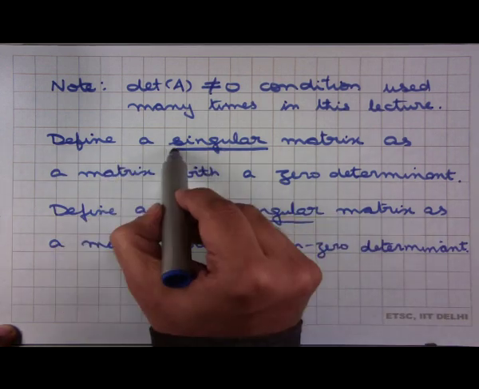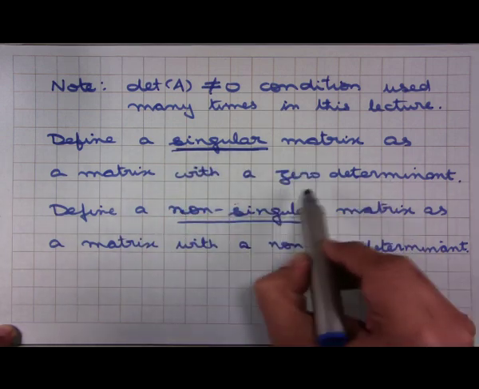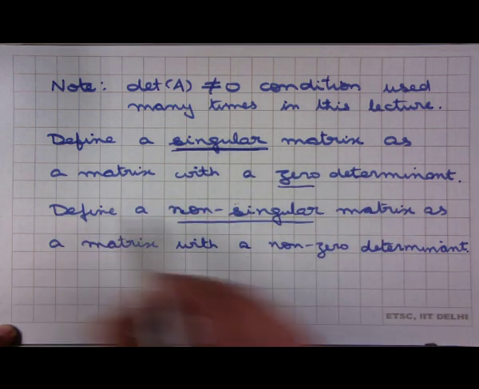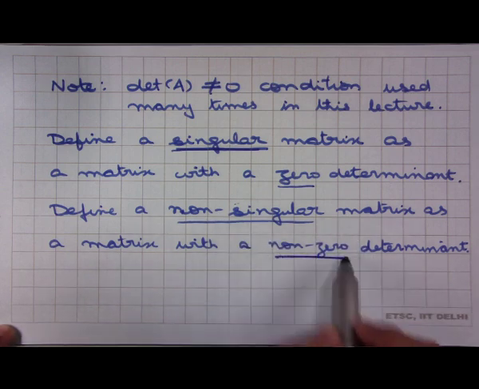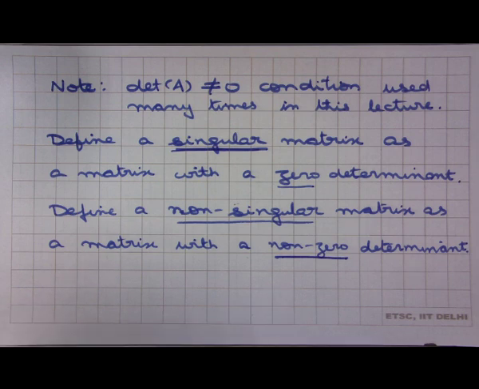So, a singular matrix will be one with a 0 determinant, and a non-singular matrix will be one with a non-zero determinant. So, in a sense we are highlighting the importance of the determinants in defining classes of matrices as either being singular or non-singular, depending on whether their respective determinants are 0 or not 0.